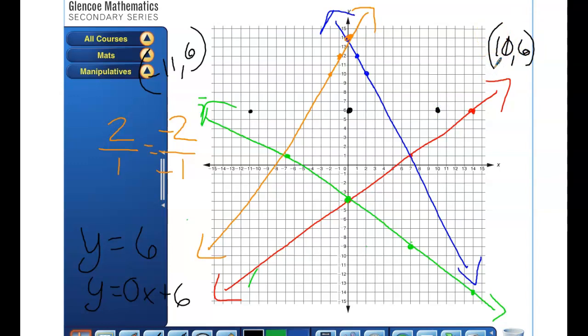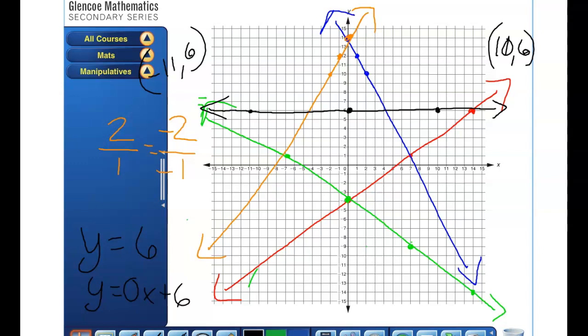So when y equals 6, what type of line is it? It's a straight line, but it's a horizontal line. So if I had something like y equals 3, what is that going to be? Horizontal at the 3. Okay, so it'd go all the way across here.